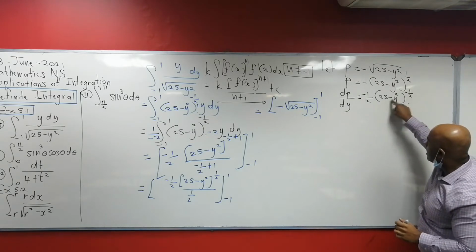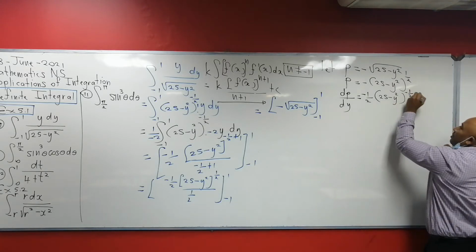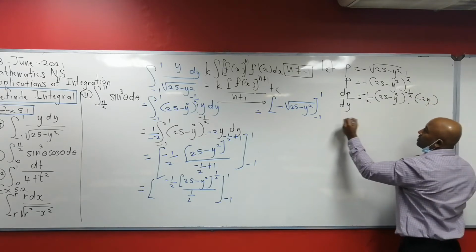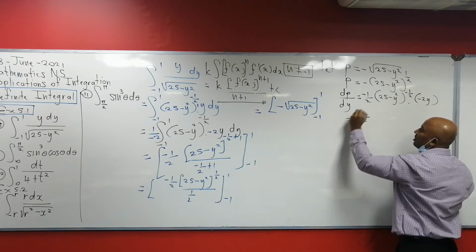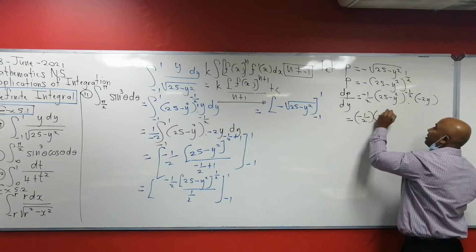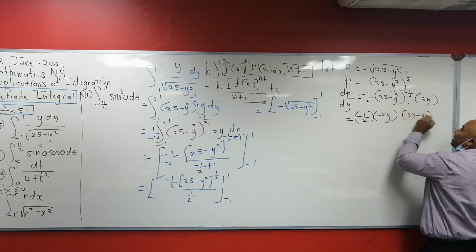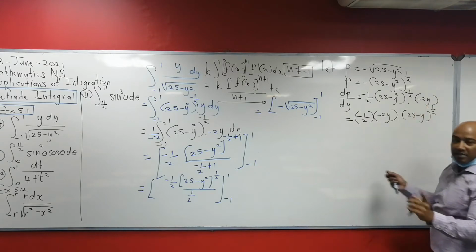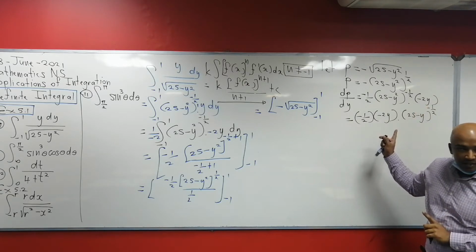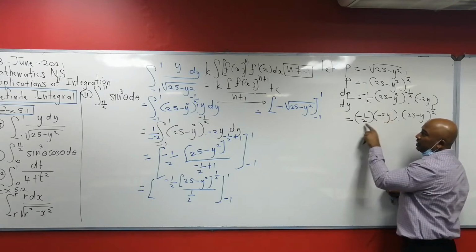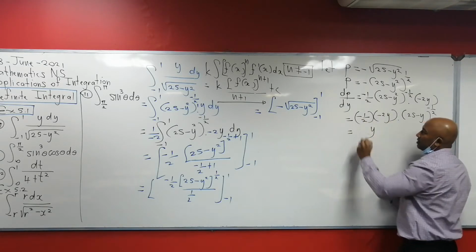The derivative of minus y squared is minus 2y. Alright, so now what's going on here? We got minus half multiplied by minus 2y multiplied by 25 minus y squared to the power minus half. It's all multiplication here. You can see that? So now, negative and negative, positive, 2 and 2 cancel, you end up with y.